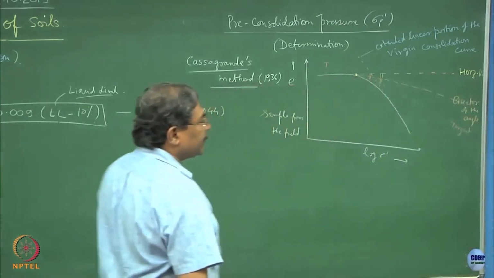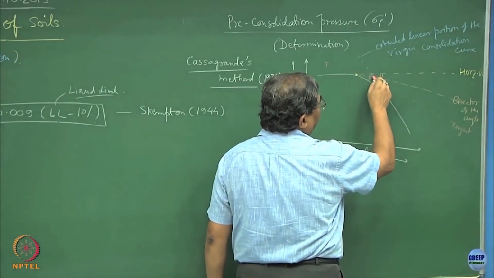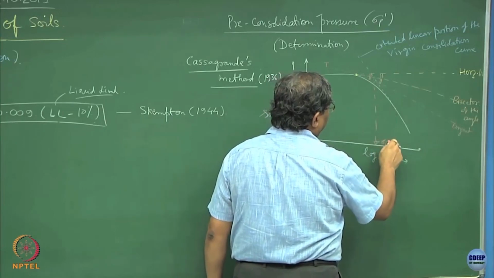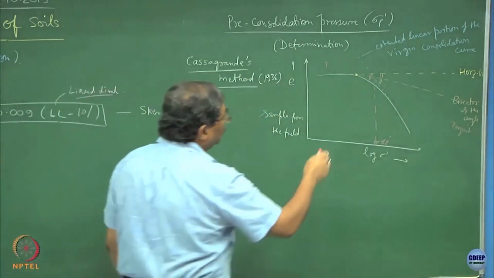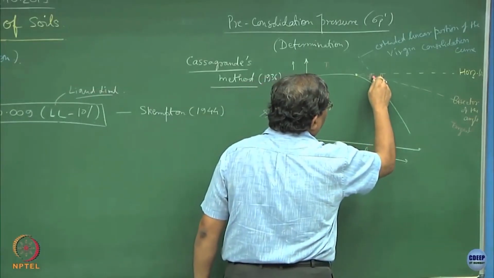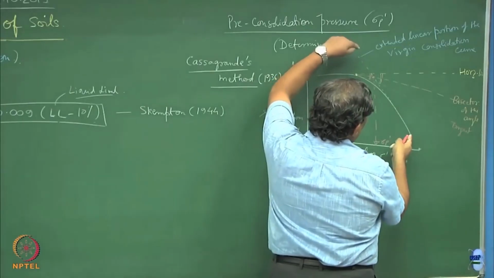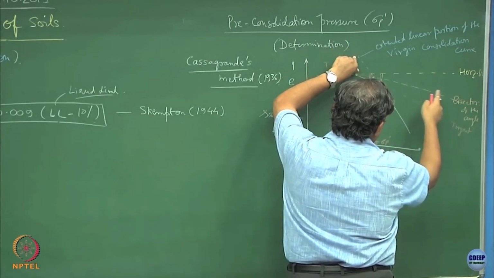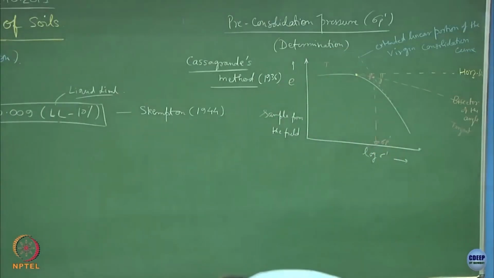The point of intersection of this extended curve with the bisector gives you sigma p prime. So, find the intersection of the extended linear portion of the virgin consolidation curve with the bisector of the angle, and this point gives you sigma p prime.